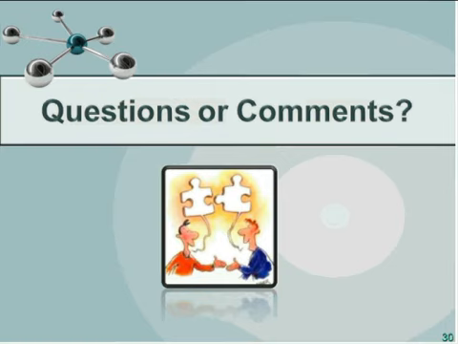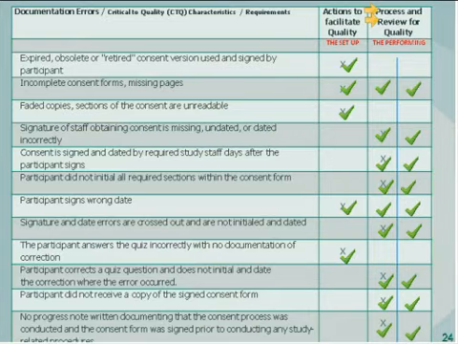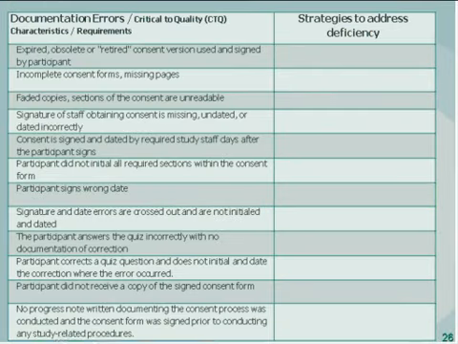Okay, I think that means that we covered everything pretty well. I think the key to the presentation is identifying that there are three various areas where quality can be improved, and the activity of going through frequent errors and identifying where the source of that error could be, and working with the people who are doing the consent on a daily basis to strategize to address those problems.